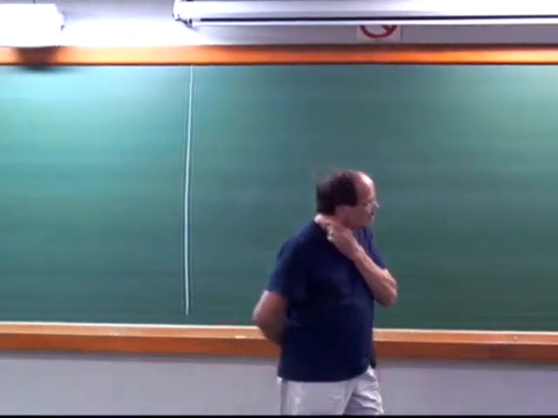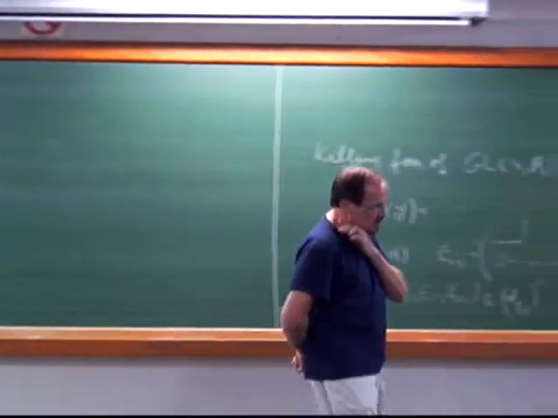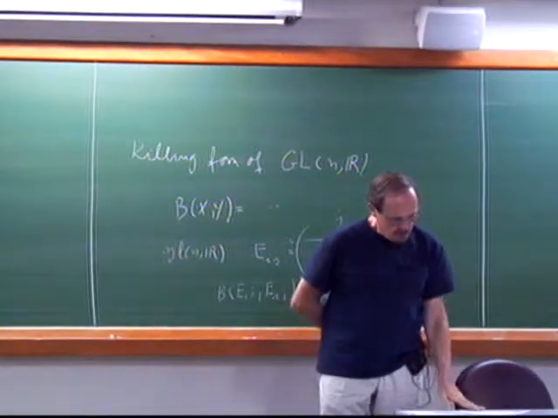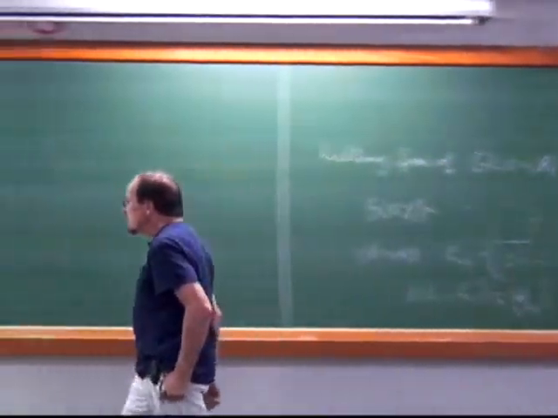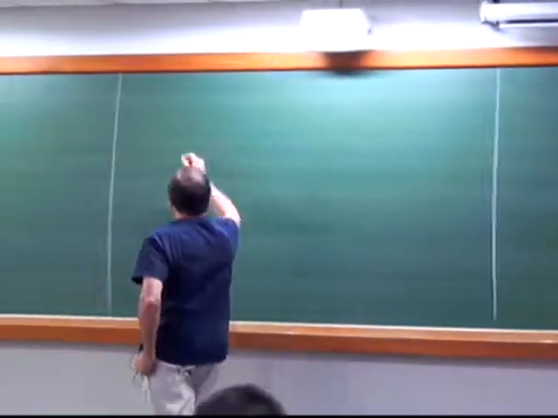So let me recall some things about the orthogonal group, then I quickly go to the unitary group, which is very similar. So we had O(p,q).